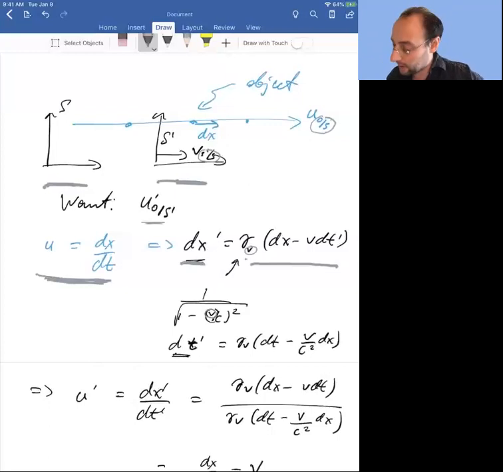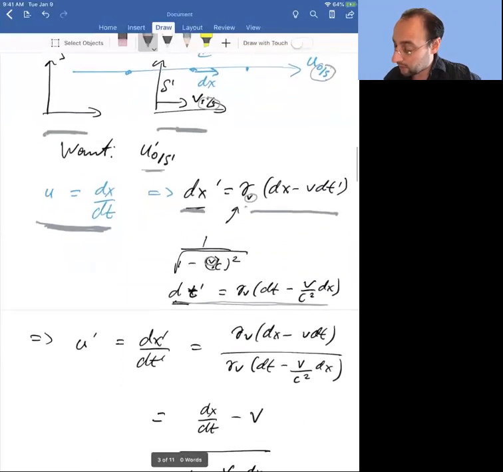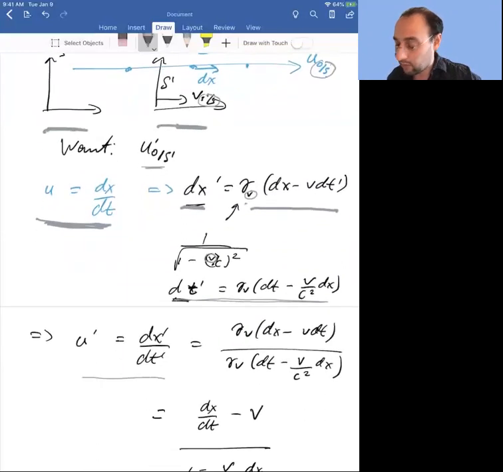And the time also transforms, right? So you have the following transformation on the time. Now, what is U prime? The velocity of the bird relative to S prime. Well, it's dx prime over dt prime. That's what we mean by u prime. Okay, and so therefore we substitute dx prime from here.